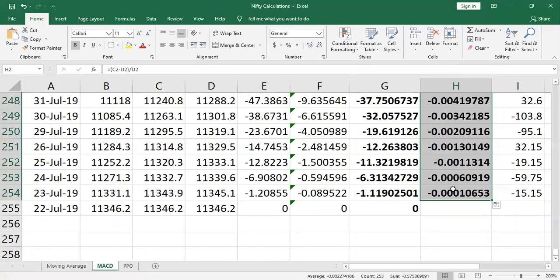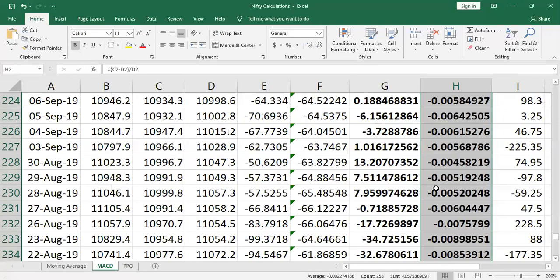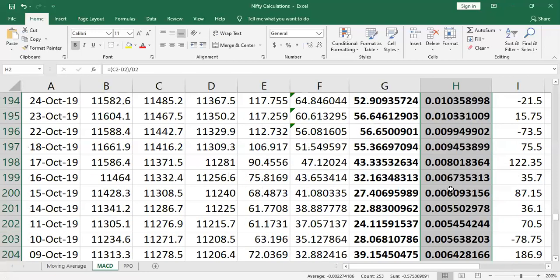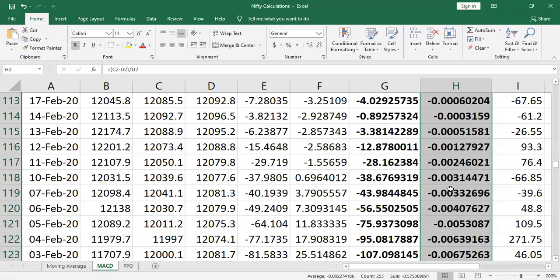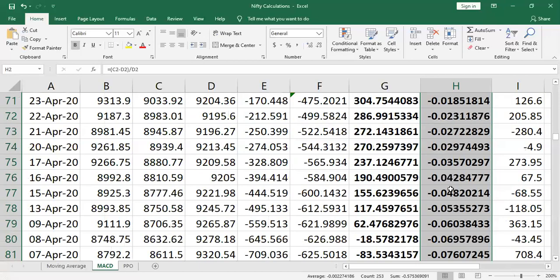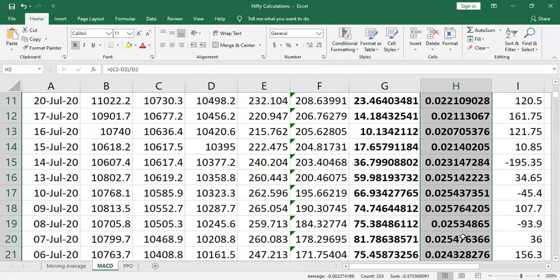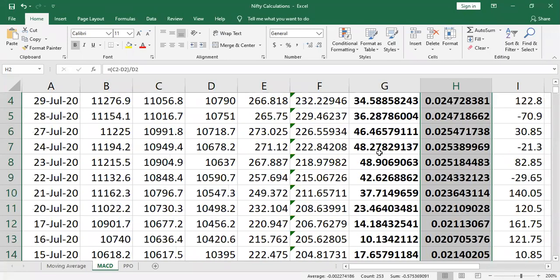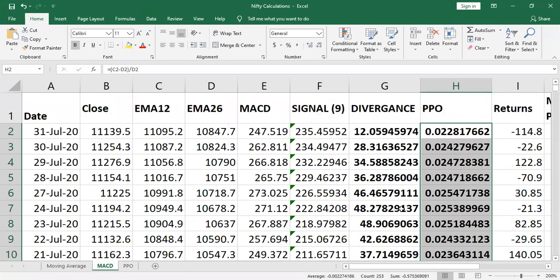And you can check it. The negative numbers and positive numbers are generally the same. Also you can check the highest number. The highest number is here, 48, and from there the downside started.